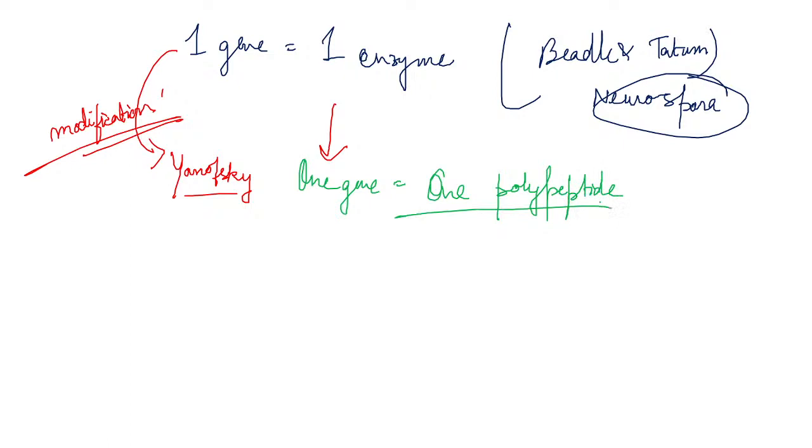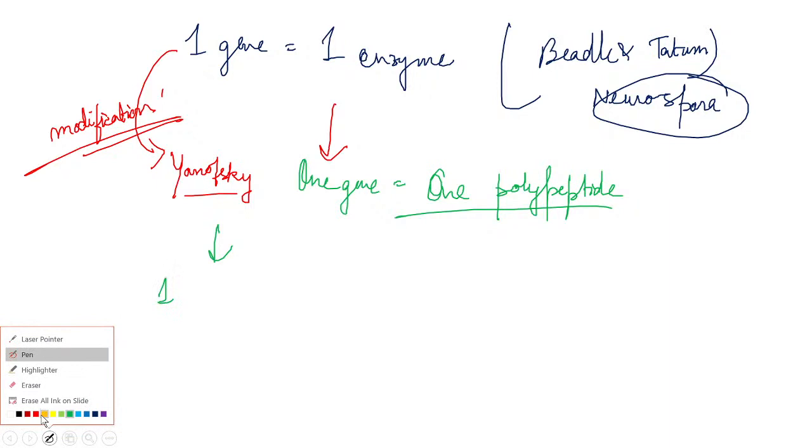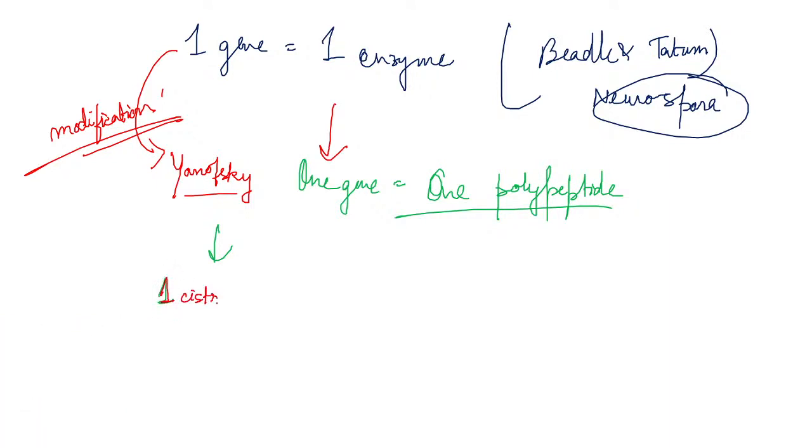One gene equals one polypeptide. So from this again we got a new theory which said that one cistron equals one polypeptide.